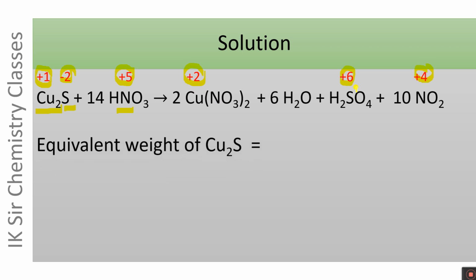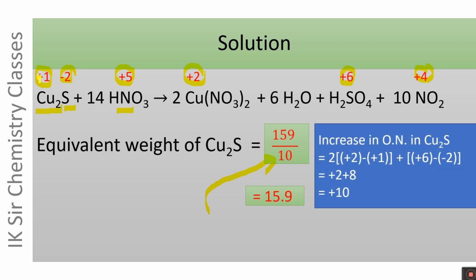Let us now calculate the change in oxidation number per molecule. The oxidation state of copper changes from +1 to +2, and hence the change in oxidation number will be final oxidation state +2 minus initial oxidation state +1, and there are 2 atoms of copper, so it will be multiplied by 2.